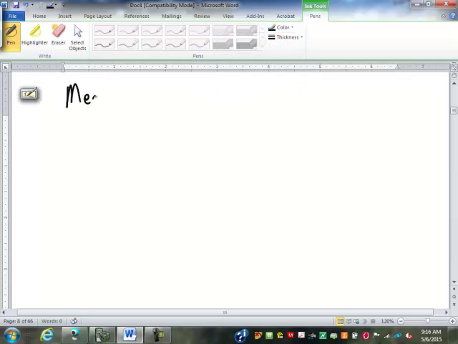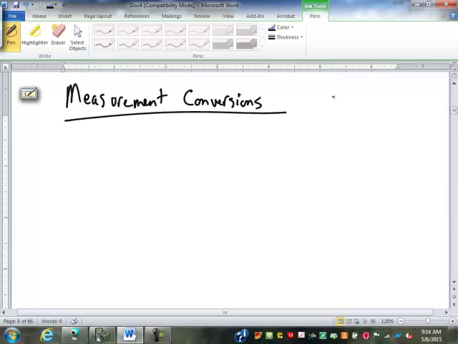One of the things we're going to have to do is measurement conversions. Things like converting 72 inches into feet. How are we going to do that? Well, we had a formal process of doing it.